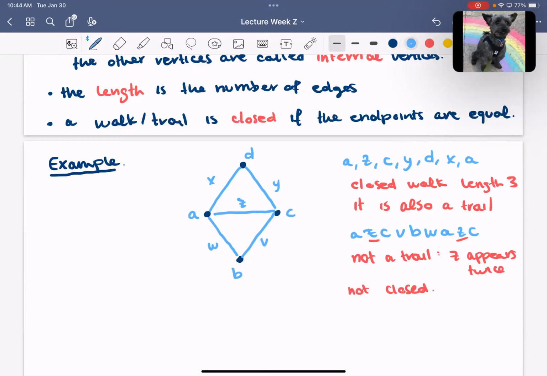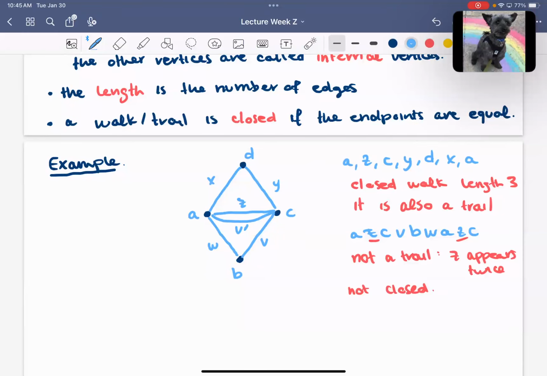One possibility is I could have had 2 edges here, Z and Z prime, and then I would need to specify that I'm walking along Z and not along Z prime. But if it is a simple graph, then you don't need to list the edges, and you can specify a walk by just listing the vertices, and oftentimes that is done.